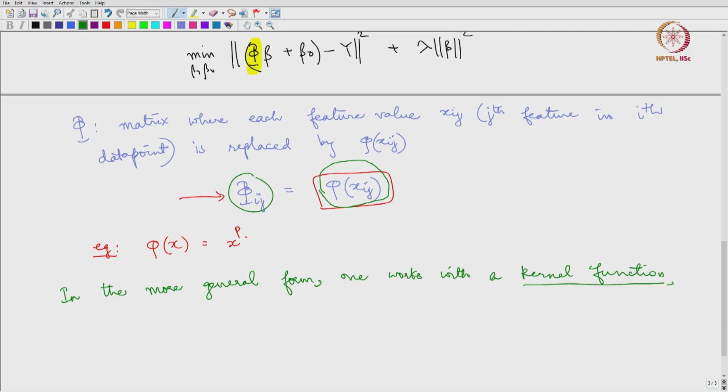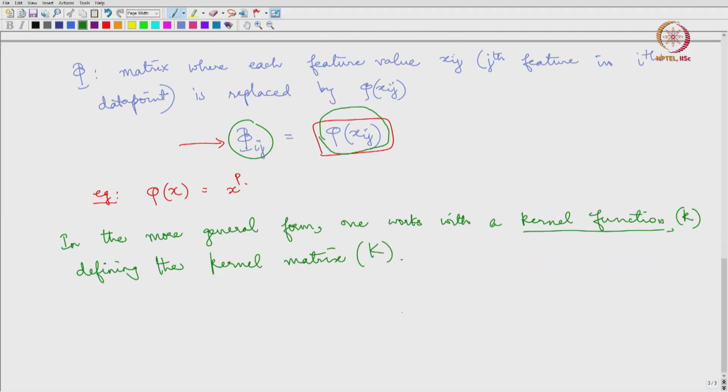And this kernel function small k defines the kernel matrix, capital K. Okay. So now capital Kij, so the entries of the kernel matrix are the small k's applied on data point xi and data point xj. So, the ith and the jth data points.